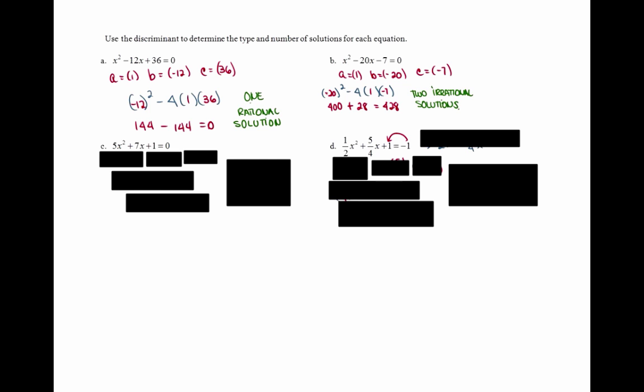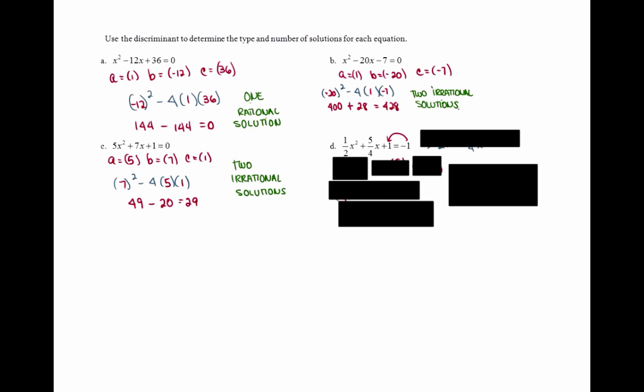Next example, your a is 5, your b is 7, and your c is equal to 1. So b squared minus 4ac would be equal to what? What did you find for the next one? Anyone? You get 29. You get 2 irrational solutions. Next example, your a is equal to 1/2, your b is equal to 5/4, your c is equal to 2.